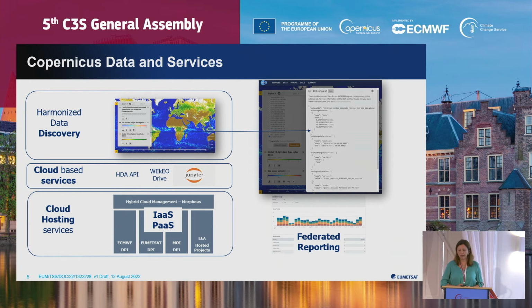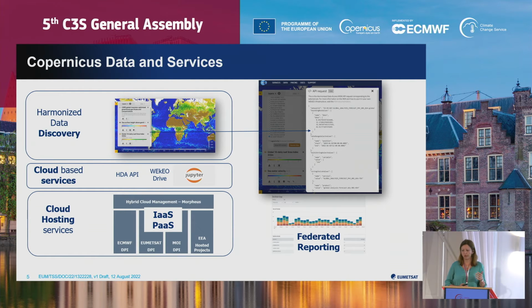On top, there are the cloud-based services currently, the harmonized data access, where the users search and find the data, and then, of course, they can download it transparently. With a single API, you are able to access all the Copernicus services in a single language, a single way for the users.